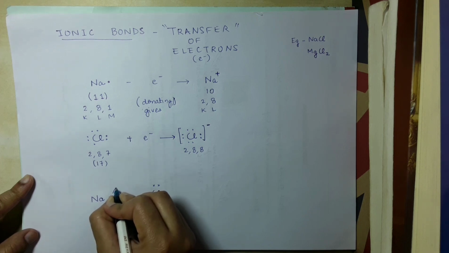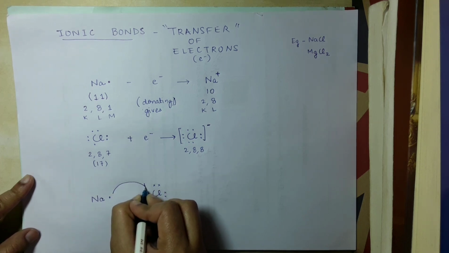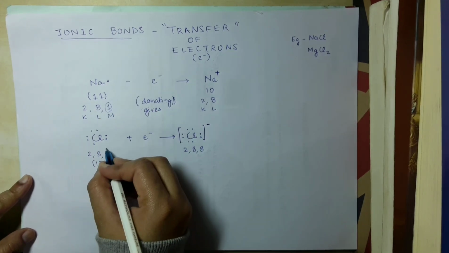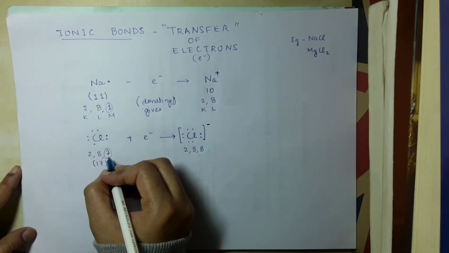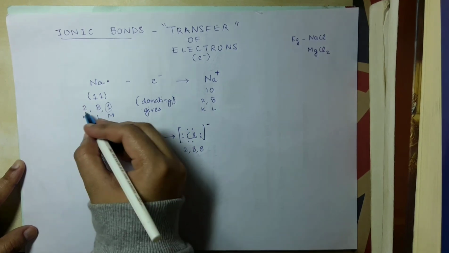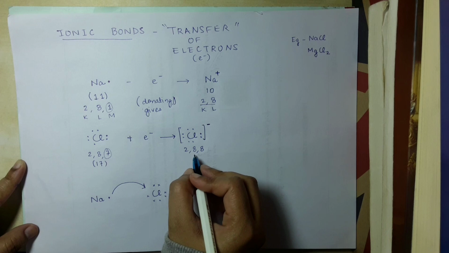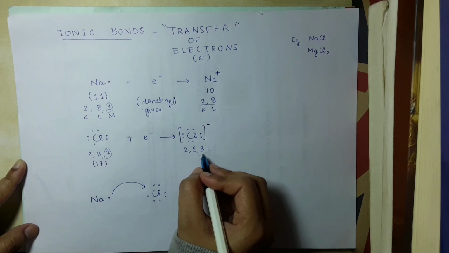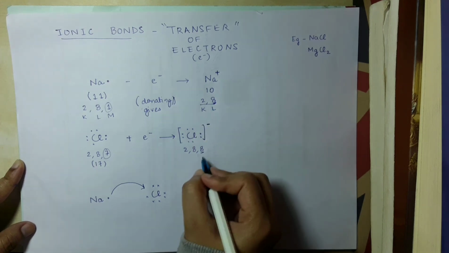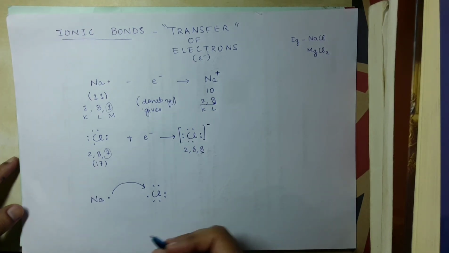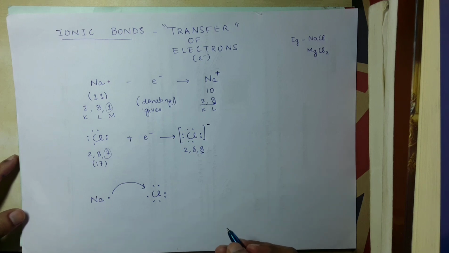What Na is going to do is donate one of its electrons to Cl. It says, okay, I have an extra electron here and you lack 1 electron. So if I just donate it to you, I'll have 2,8 and I'll become stable. And you will have 2,8,8 configuration and you'll also become stable because both of them have the last shell completely filled. So yeah, both are happy, both have their last shell completely filled.